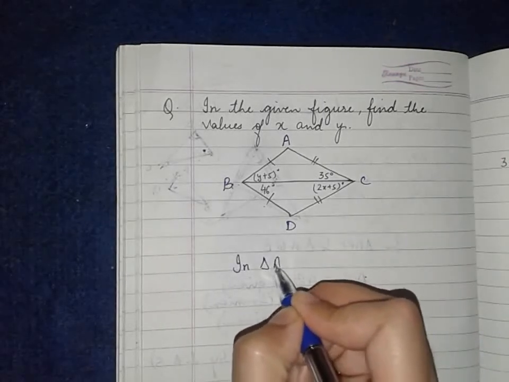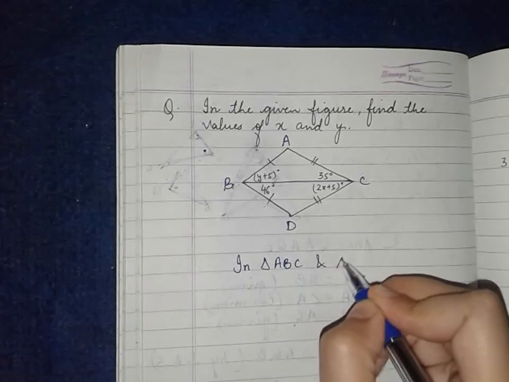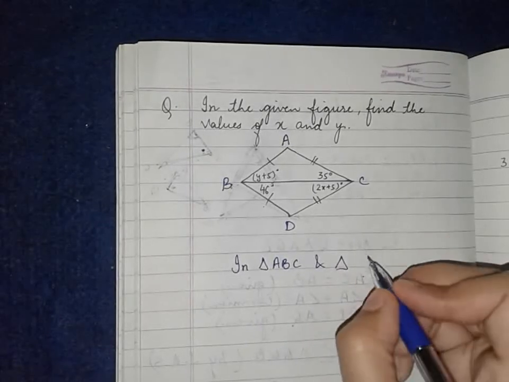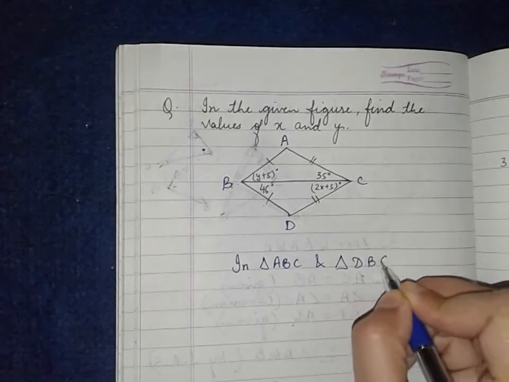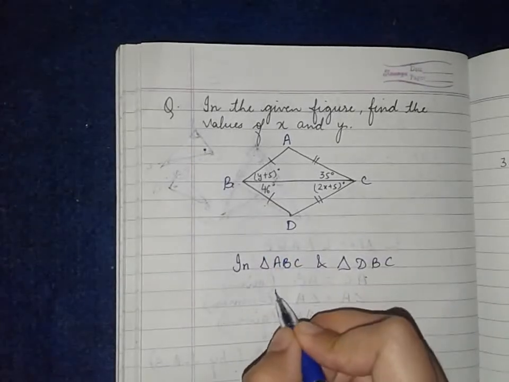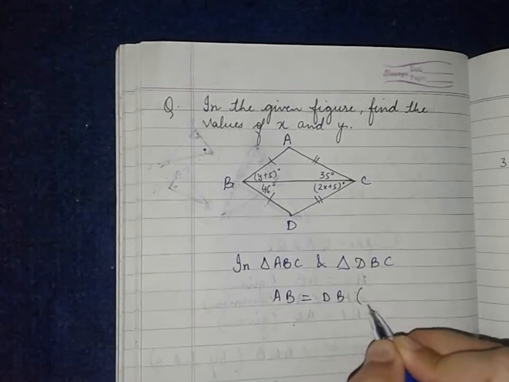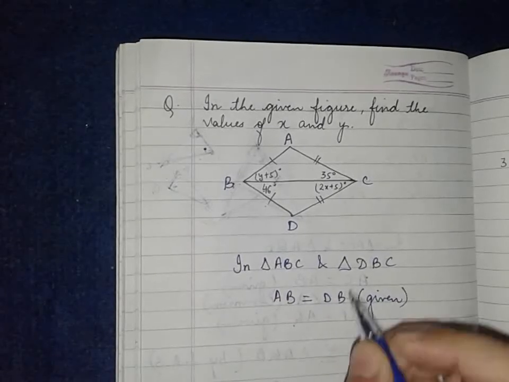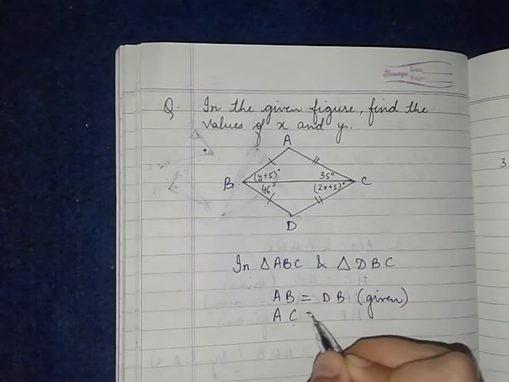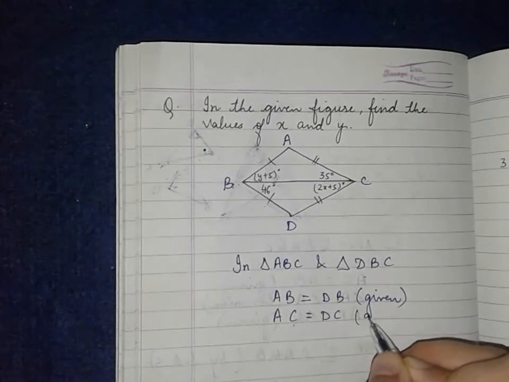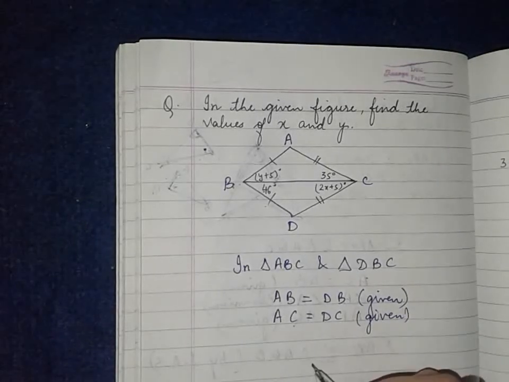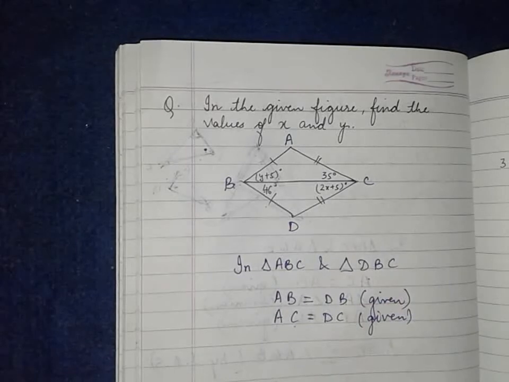In triangle ABC and triangle DBC, what is equal? AB is equal to DB, reason given. AC is equal to DC, reason given, and this BC is common in both.